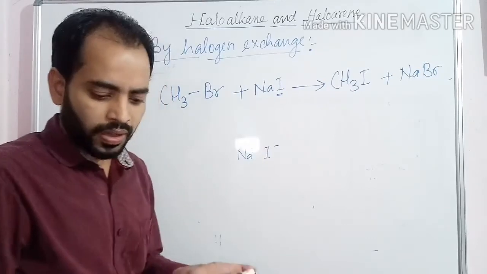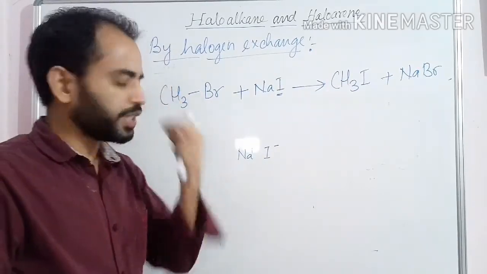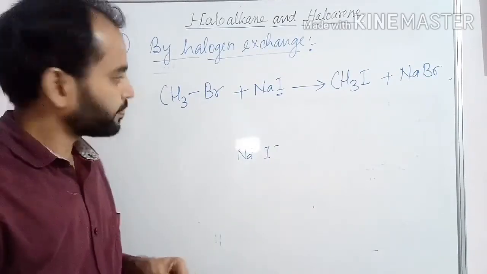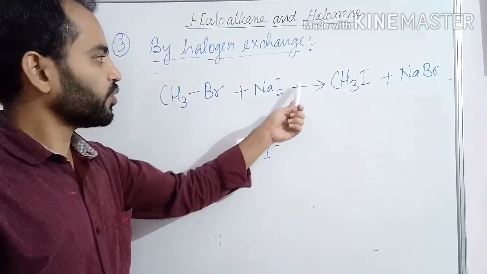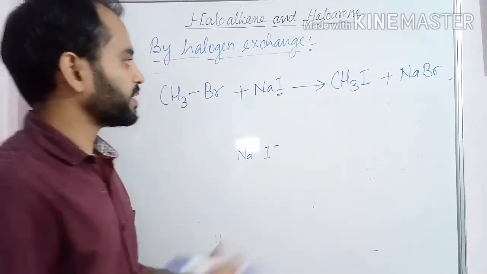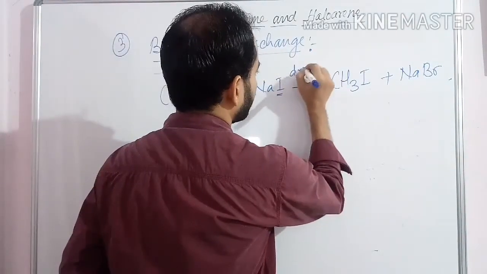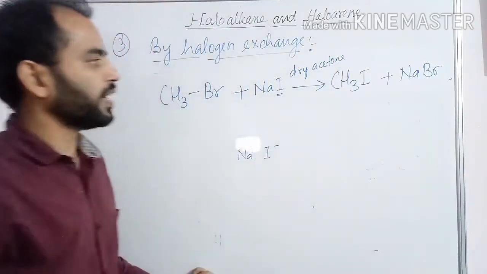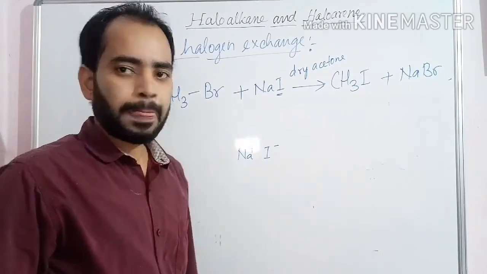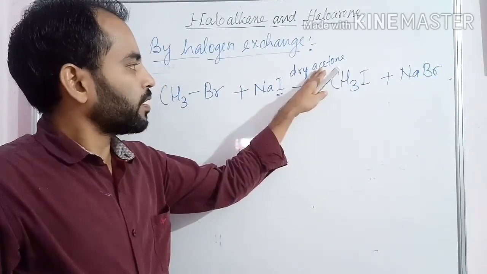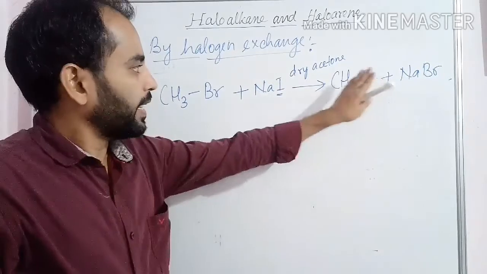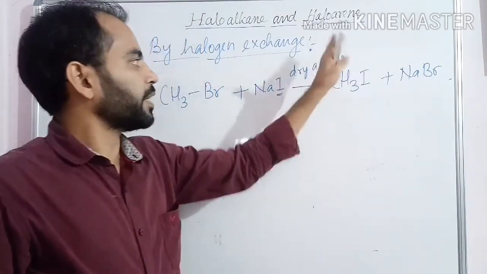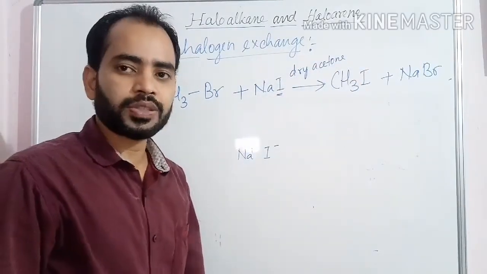So this is all about different methods of preparation of alkyl halides. And you see, this reaction occurs in presence of dry acetone. This is taken because the sodium bromide that is formed gets precipitated in dry acetone.